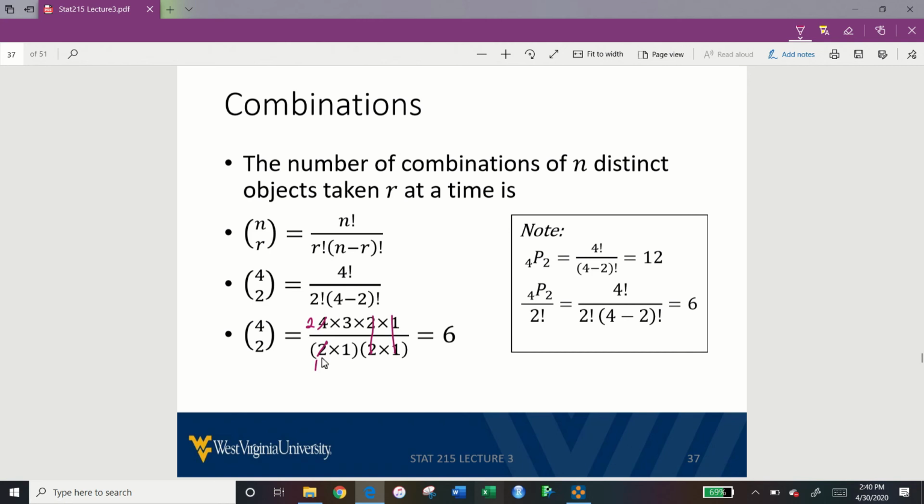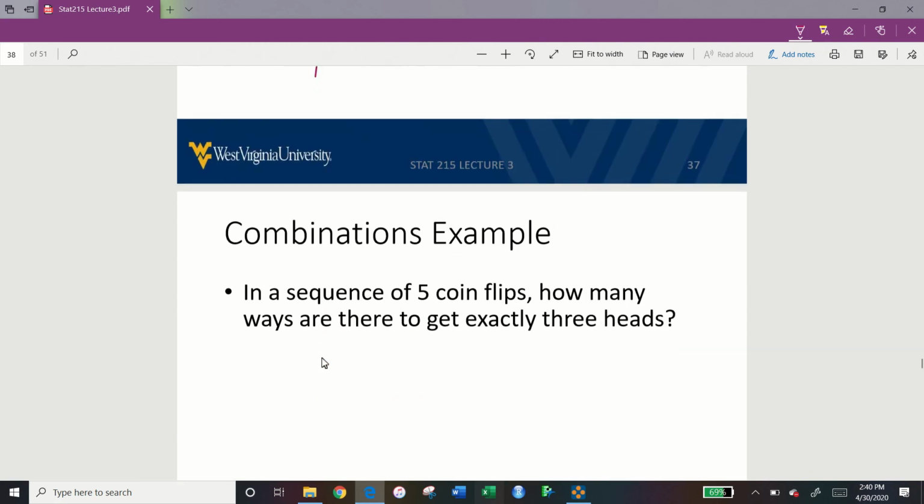You could also do this the long way. At this point, we can take note that for our permutations, it was 4 permute 2, given by 4 factorial over the quantity of 4 minus 2 factorial, which equaled 12. For the combinations, it was really 4 permute 2 over 2 factorial to give us our combination of 6.